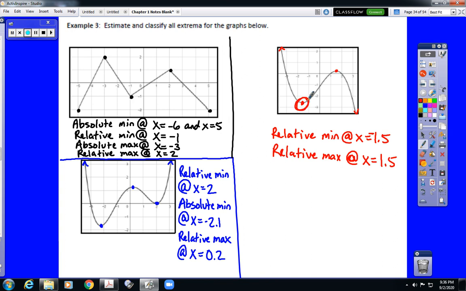This is a relative minimum. This is a relative maximum. Neither one of those values are an absolute because the ends are going up and down respectively, meaning that the graph does exist further up and down.